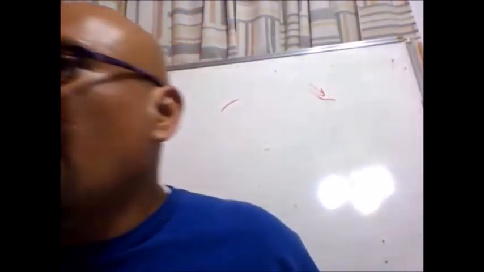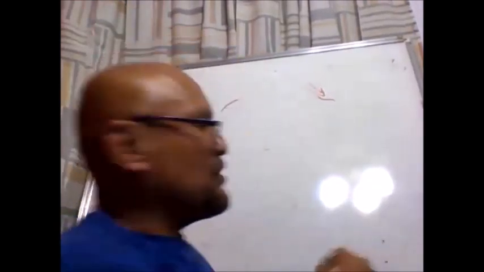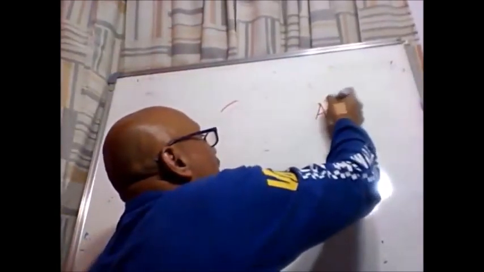Okay, an adverb is something that you use when you ask how, when, or where. Example, number 1, if I want to say how I want to do something, this is an adverb.